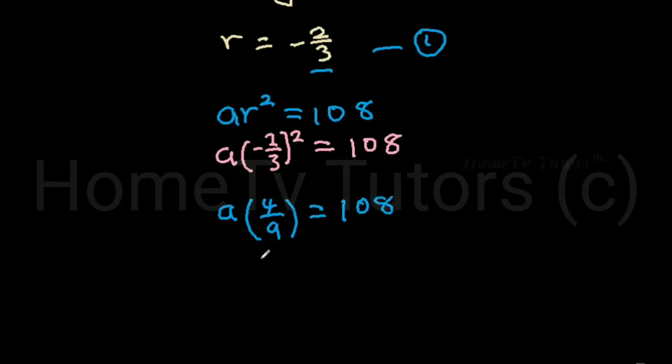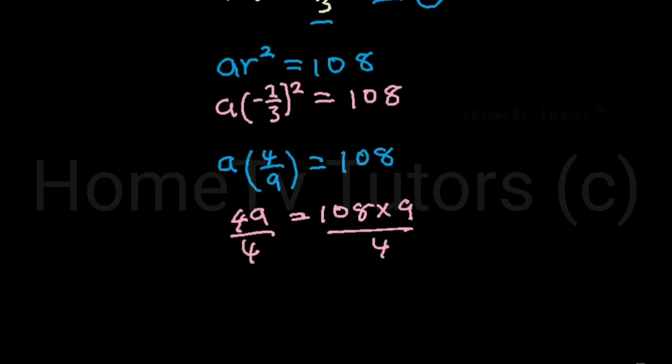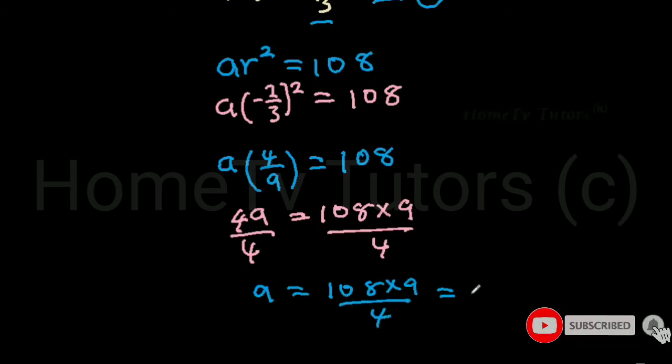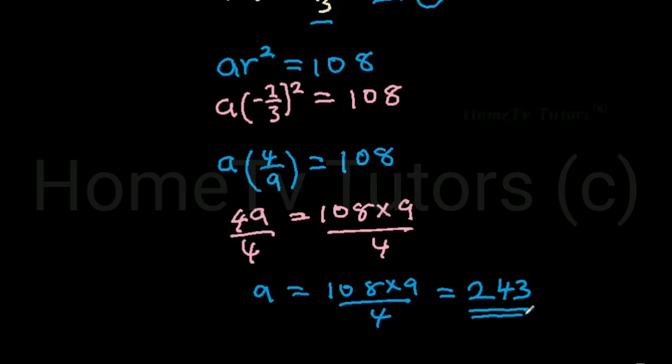Now if we cross multiply, we have 4a equals 108 times 9. Then we divide both sides of the equation by 4. So we have a equals 108 times 9 divided by 4, which is equal to 243. So the first term is equal to 243.